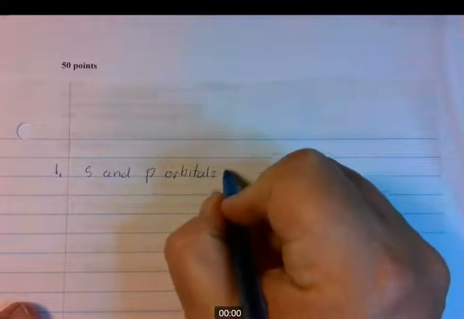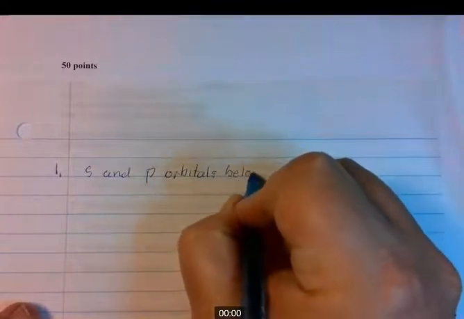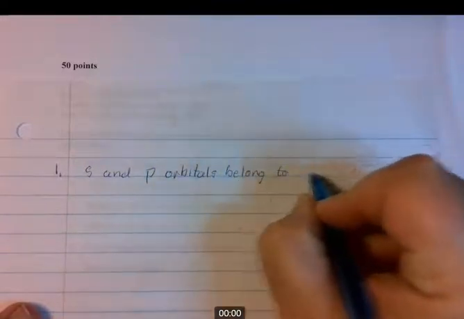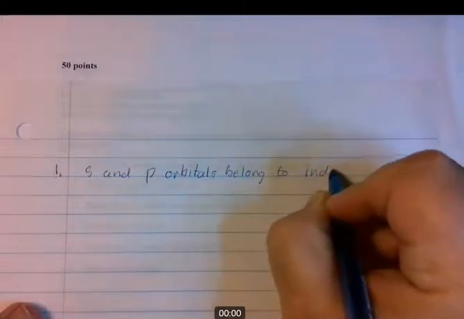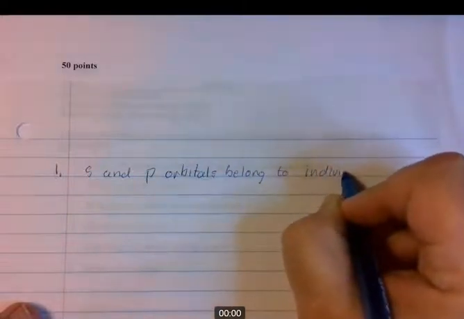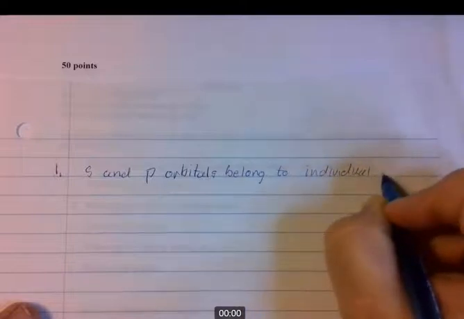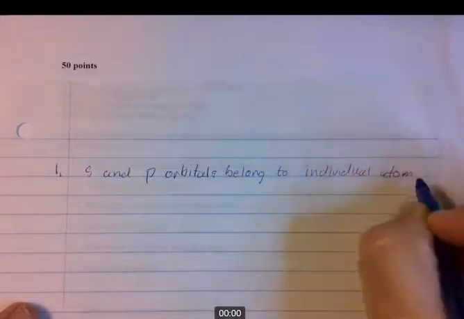Only atoms from the second row down, second period down, have p orbitals. So S and p orbitals belong to individual atoms from the second row down.